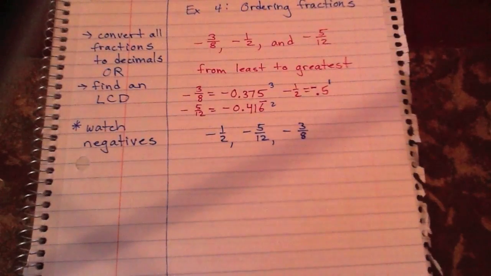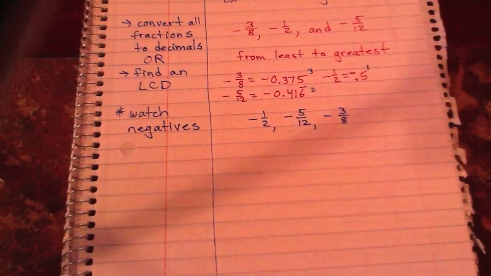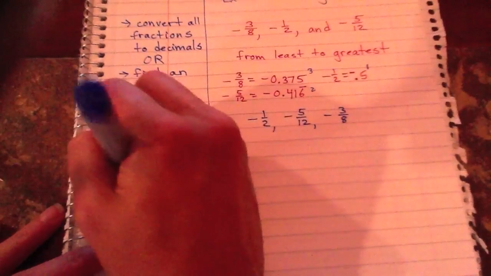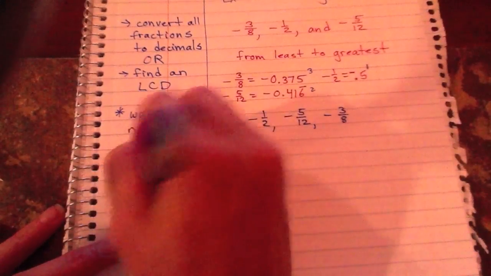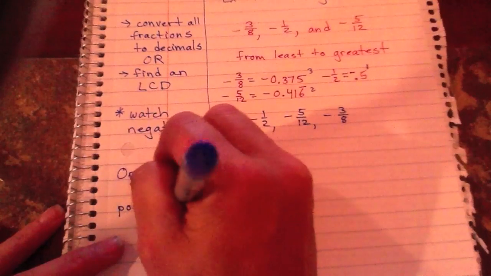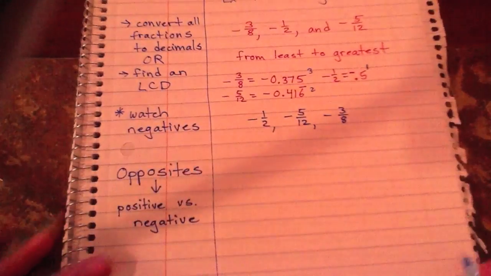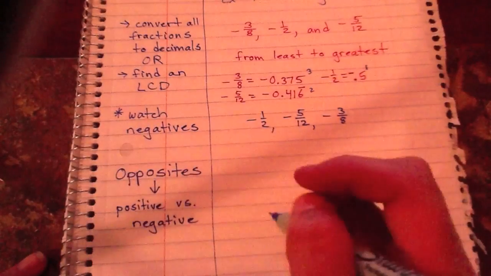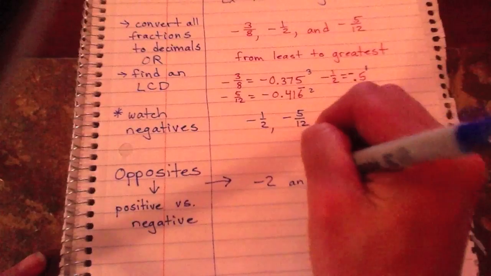And then the last example is talking about the difference between opposite and absolute value. So opposites are positive versus negative. An example of that would be -2 and 2.